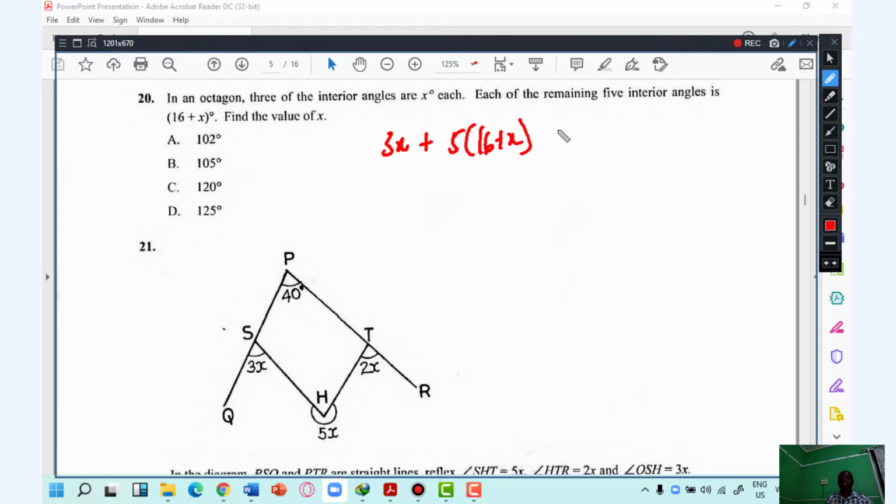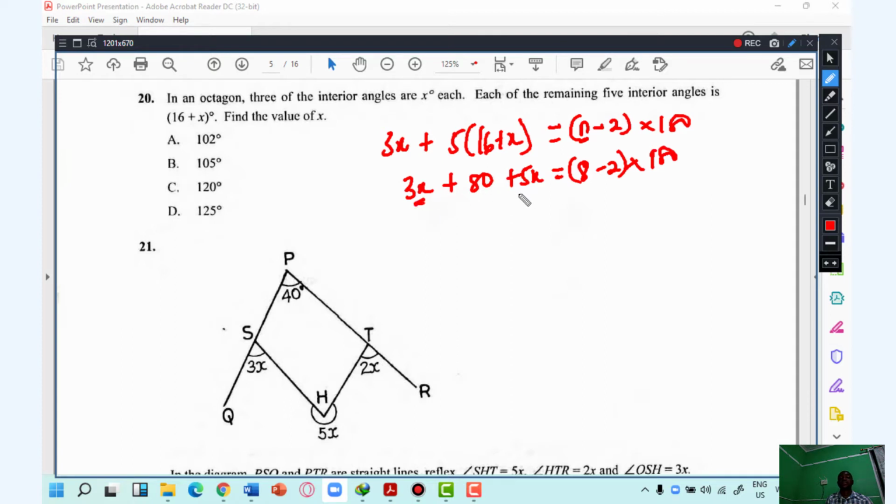So we said interior angle. In an octagon, the sum of the interior angles is n minus 2 times 180. So it is 3x plus 80 plus 5x is equal to, the number of sides n is 8, so 8 minus 2 times 180.